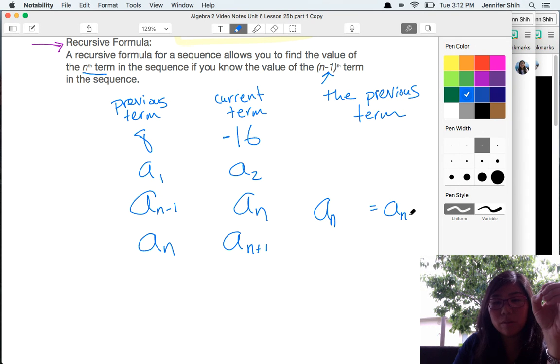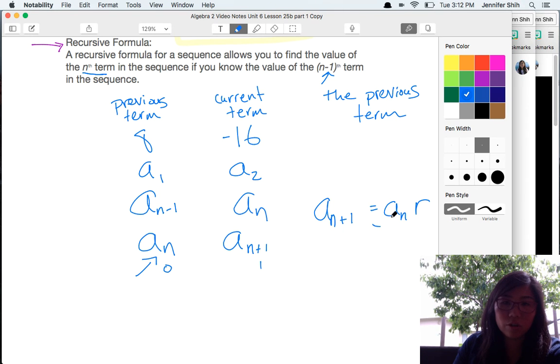So if we start with 0 and then our next term is 1, our previous term is n, so our current term is n plus 1. And then you just multiply it by the ratio. So whatever your previous term is, you're going to multiply it by the ratio. So a sub n plus 1 equals a sub n times r.